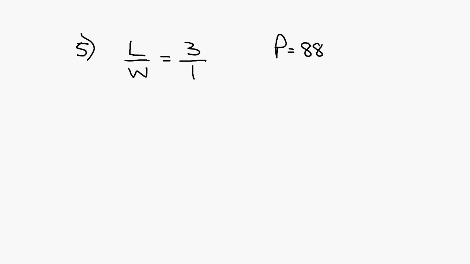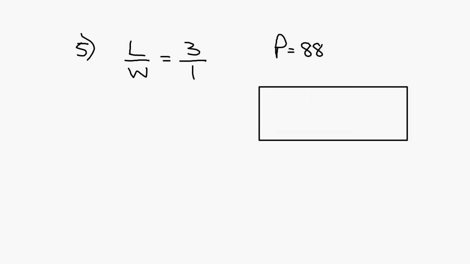Here's the easiest way. You draw a rectangle. You make the length 3, you make the width 1. Now you can make your other length 3 and your other width 1. You set up an equation now, just like you would in the triangle problems.